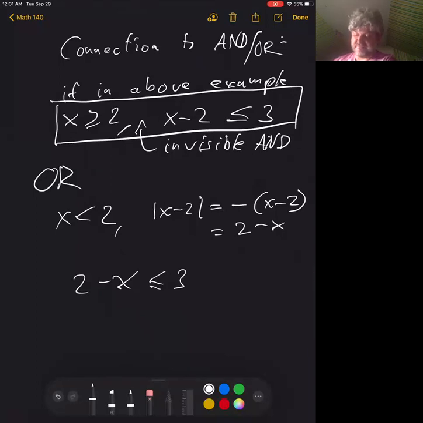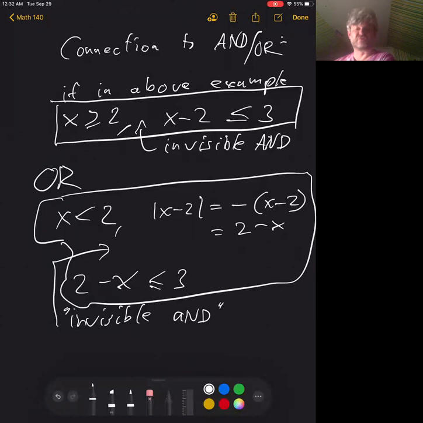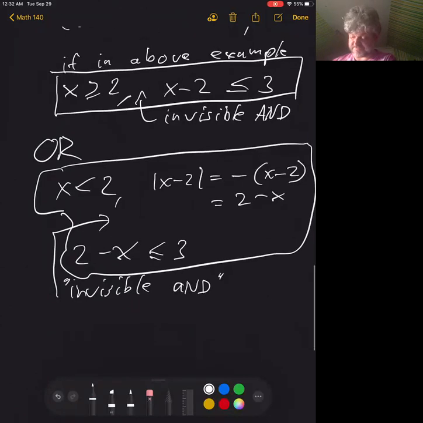And again, there's an invisible and. But it includes this bit down to here. You've got 2 blocks, each of them consisting of 2 inequalities.